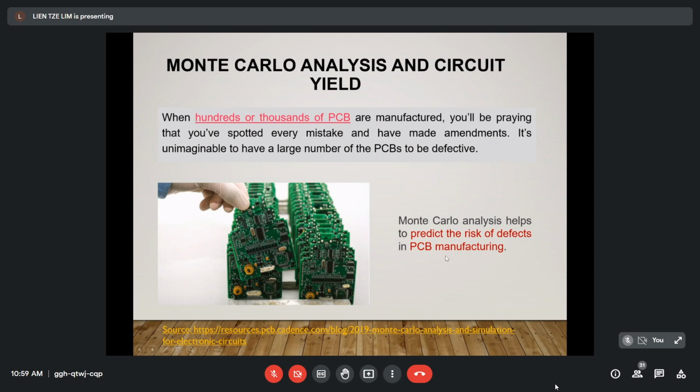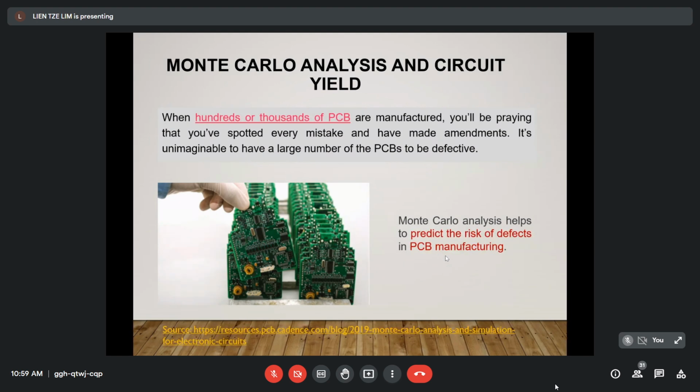The common method that can be used to perform this Monte Carlo analysis, as I know, is Excel. Excel can actually do this Monte Carlo analysis.